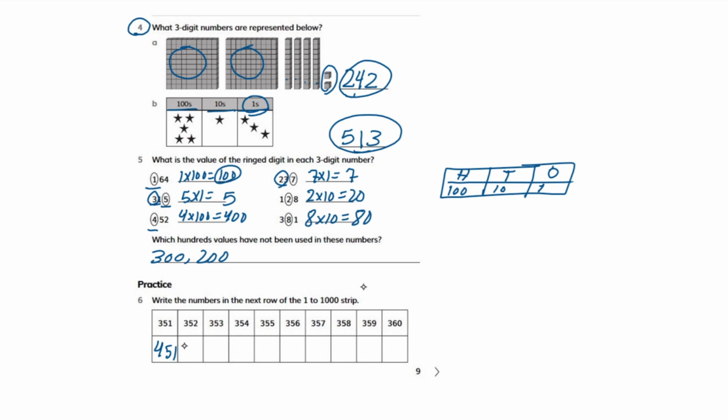And this number will be 452, 453, 454, 455, 456, 457, 458, 459, and 460. So question number 6 is also done.